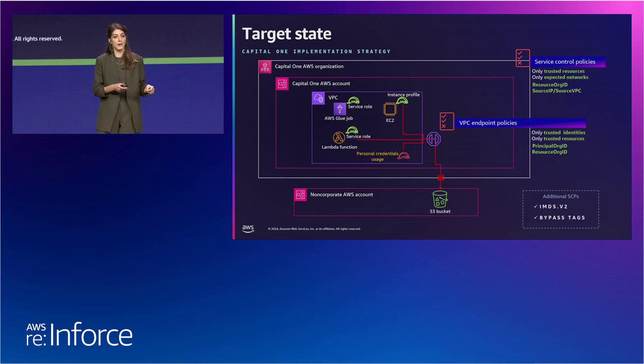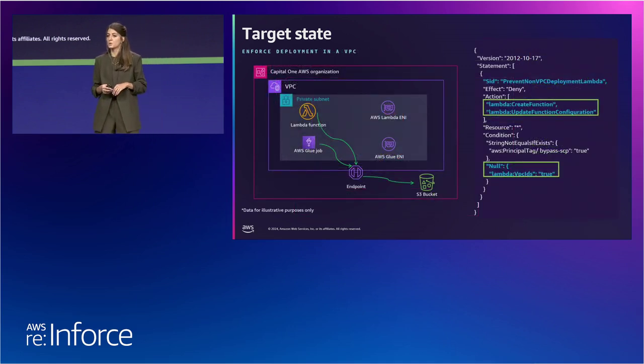So we knew that we wanted that in our target state data perimeter. An additional implementation that we wanted to have was within our service control policies, we wanted to have bypass tags for specific statements within the SCPs, and I'll explain more on how we use these or why it was important to us on a later slide.